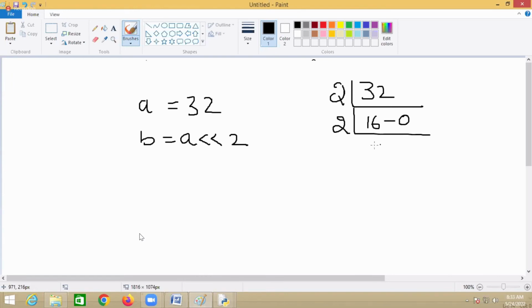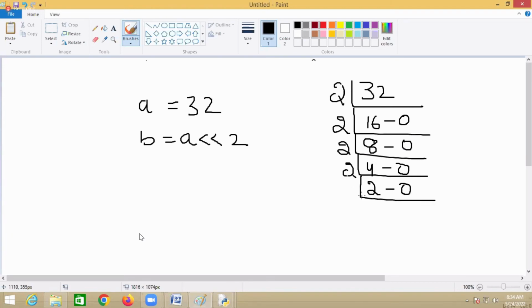Then 8, remainder 0. Then 4, remainder 0. Then 2, remainder 0. Then 1, remainder 0.